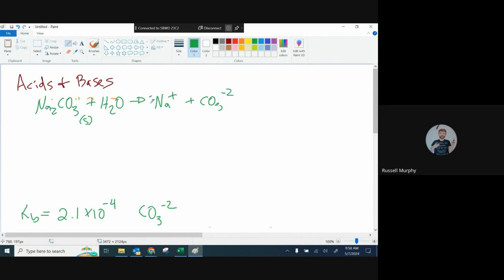We're going to have 2 sodium ions in the water and carbonate ions in the water. And carbonate will actually react with the water because it acts like a weak base.